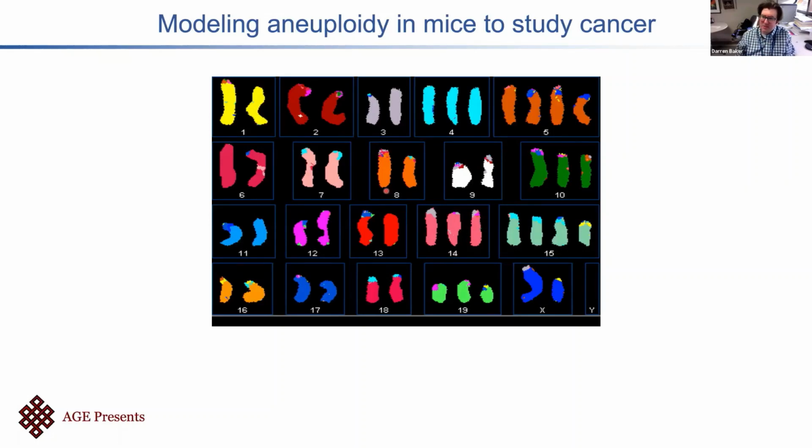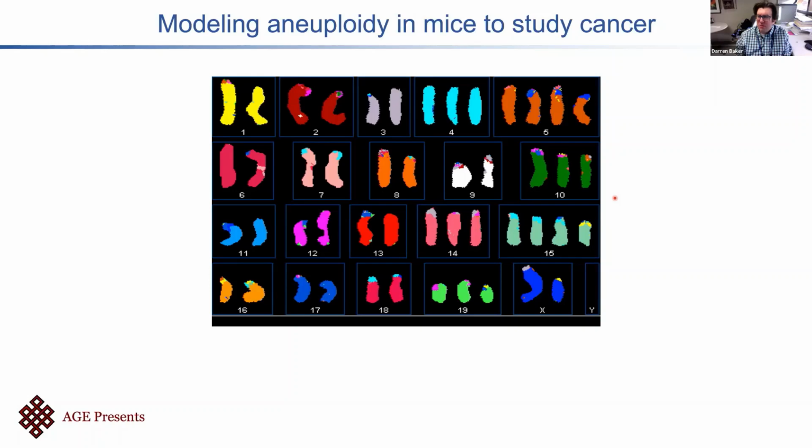Ultimately, the answer is it was through a failed experiment, if you want to look at it that way. Early in my career, I was working to understand cancer, and in particular this phenotype that cancers develop. This is a mouse tumor, and if you look at these tumors, they have an abnormal number of whole chromosomes, a condition known as aneuploidy.